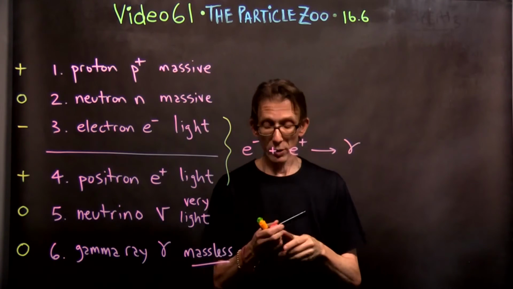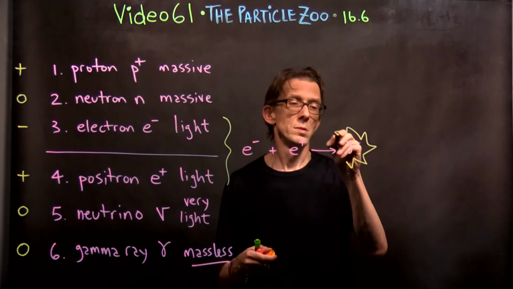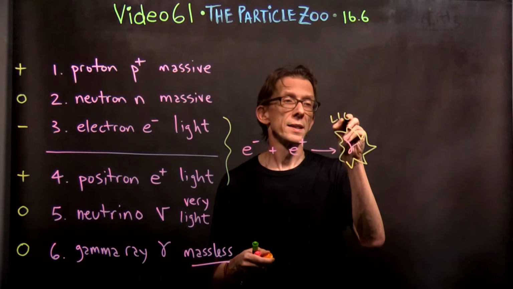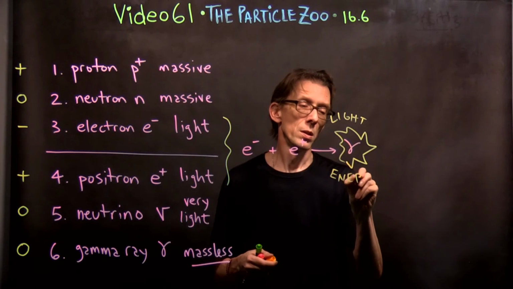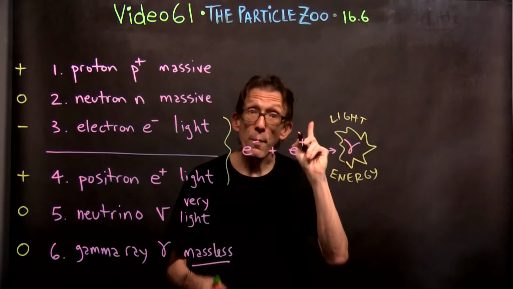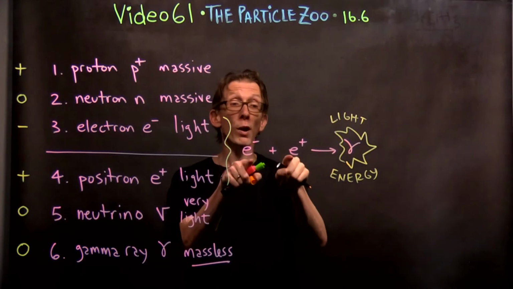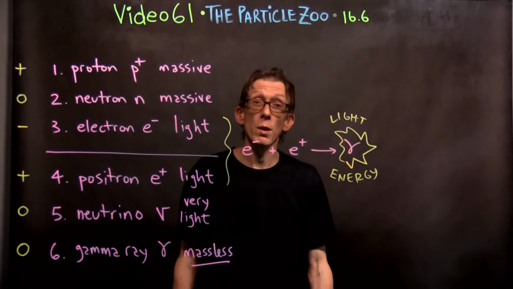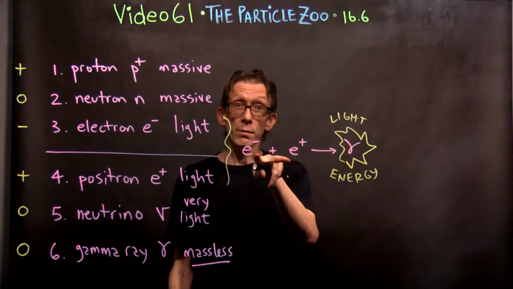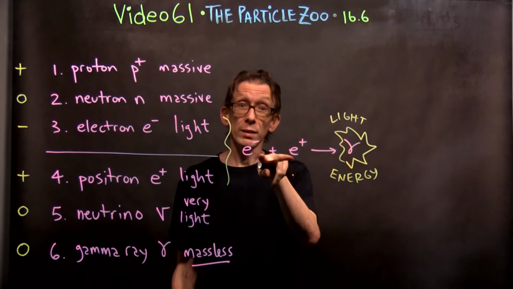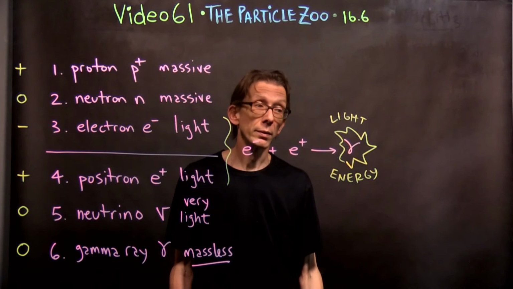You get light, or energy. Remember the mass energy equivalence. We have lost mass. These two particles no longer exist anywhere in the cosmos, but now there's light that exists. We've taken the water in our mass bucket, right, and poured it into our energy bucket.